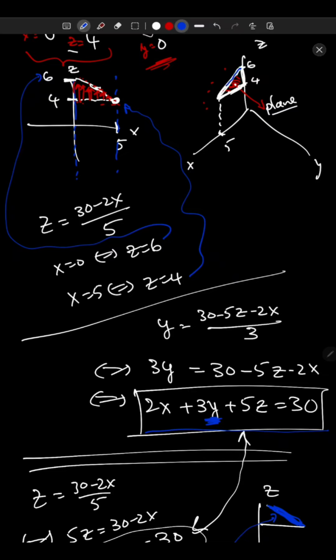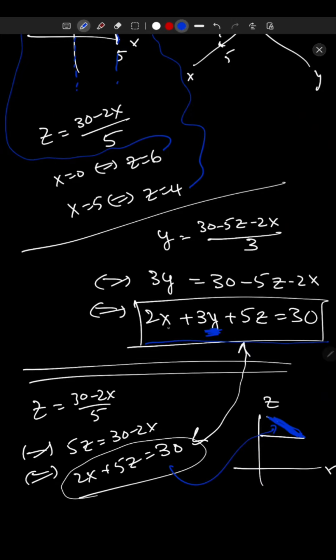What that means is my plane literally touches this line segment right there. So which plane is it? If I were to draw the entire plane, it's the plane that, when y and z are 0, x is 15. When x and z are 0, y is 10. And when x and y are 0, z is equal to 6.